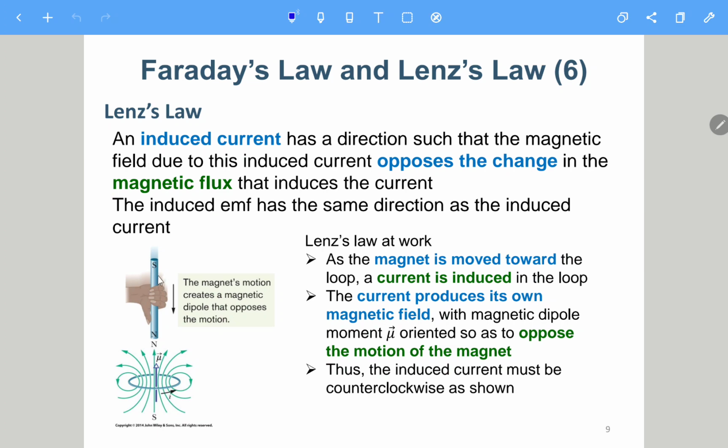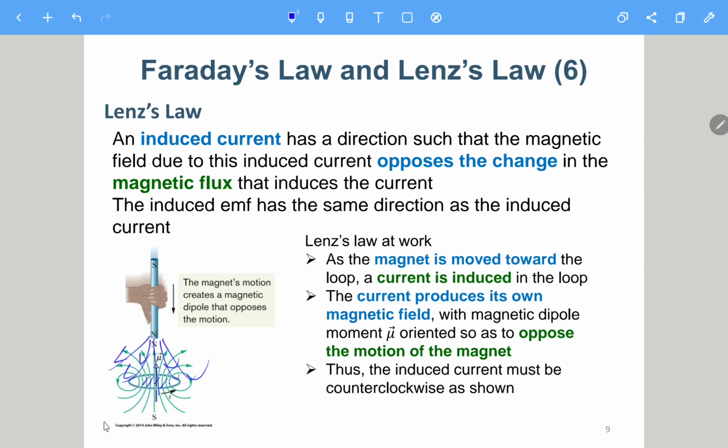If you put this magnet bar close to this loop, the B field lines generated by the magnet bar will be something like this, and if you push closer and closer, the magnetic flux across this cross section will be larger and larger.